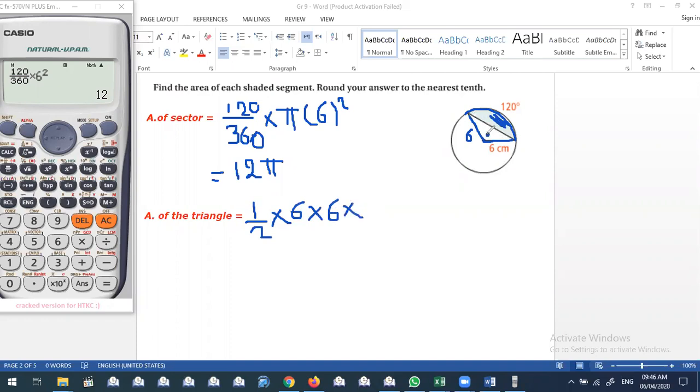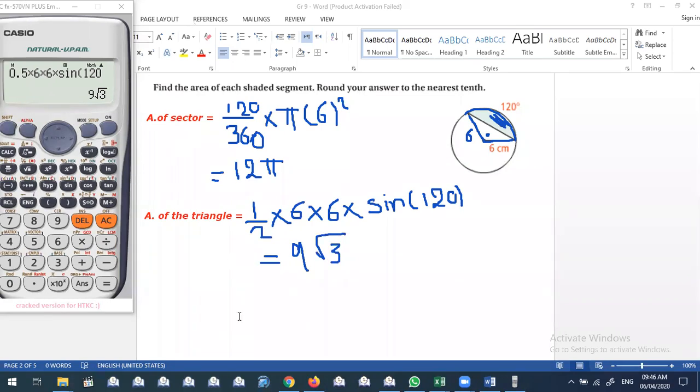The included angle here is like the arc, sine 120. Because the measure of the arc is 120, the central angle is also 120. Equals half times 6 times 6 times sine 120. 9 square root 3.